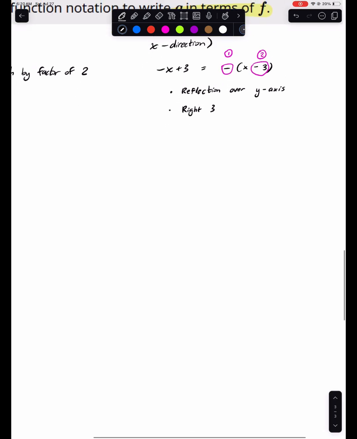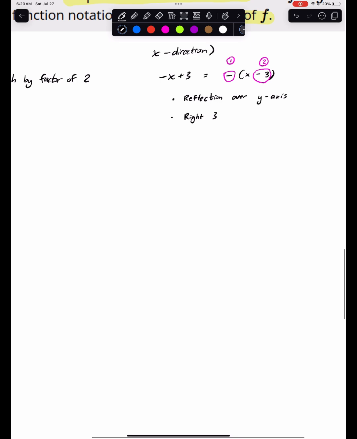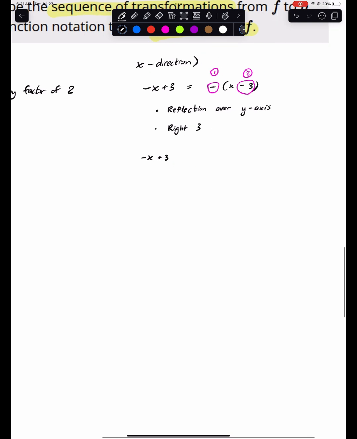But then there's the other tricky part. You have negative x plus 3, right? But you know that it came from x in the start, right? So if you think of x, you can go from x to this by going left 3 first, and then placing a negative sign.